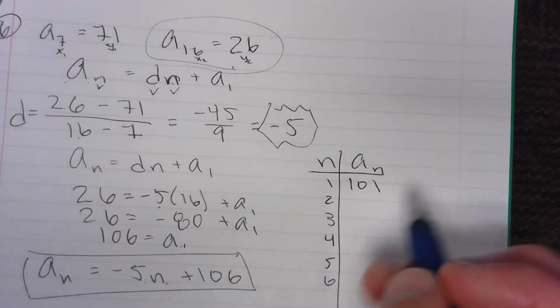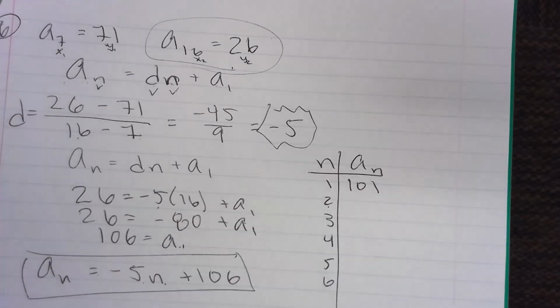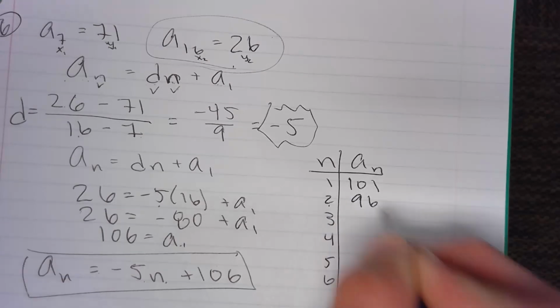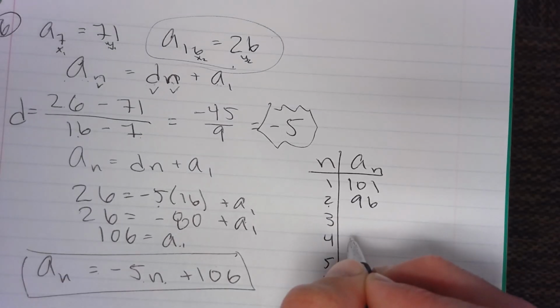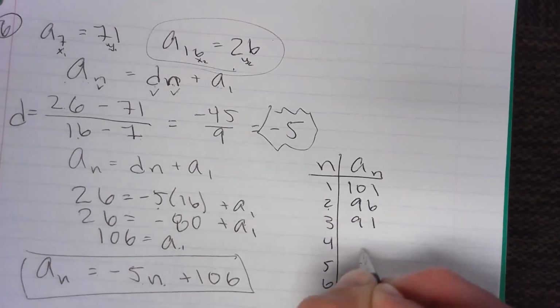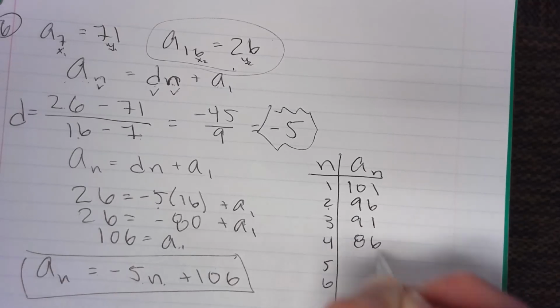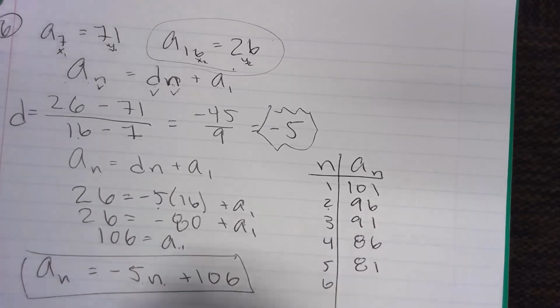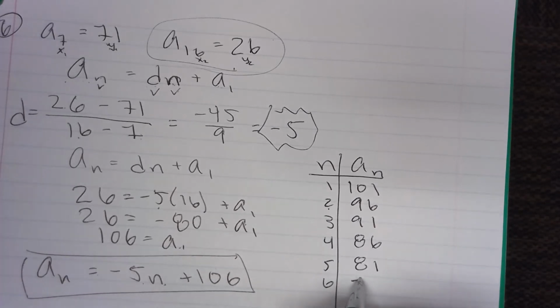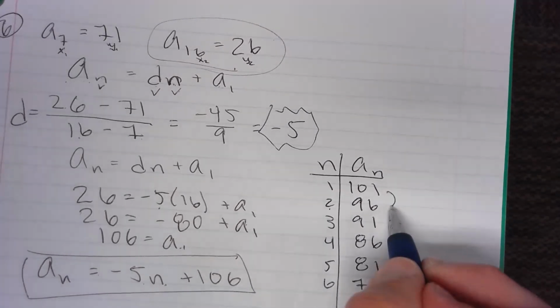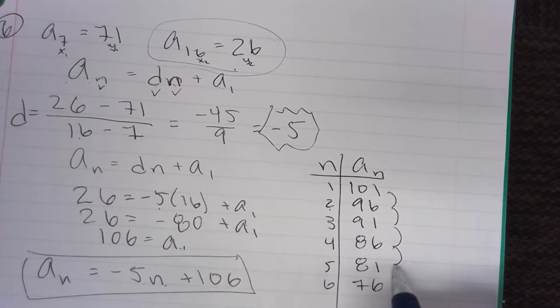When I plug in 2, I get 96, 91, 86, 81, and finally 76. The common difference, remember, is -5.